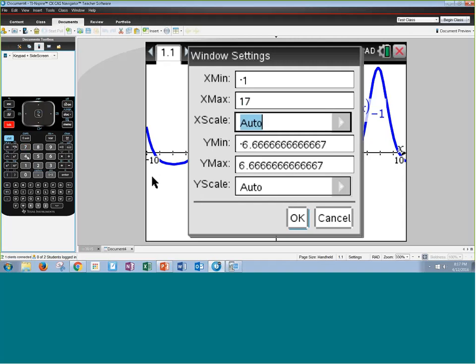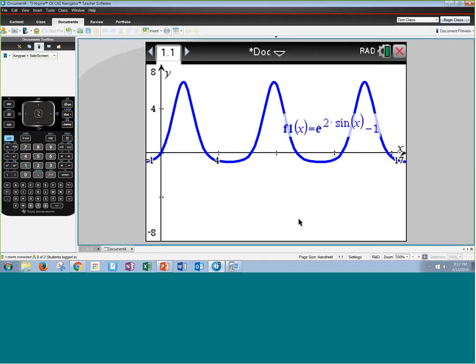The scale was 4, so I want to put 4, and then -8, tab, and +8, and again a scale of 4, and press OK. And now I have a graph where I can see details that are very similar, like the 4 and the -4 and the tick marks, to what I would produce on the exam in the box that is provided.